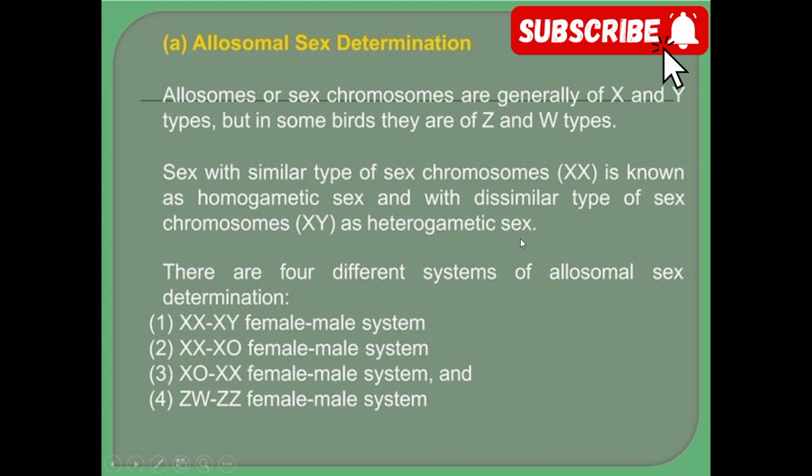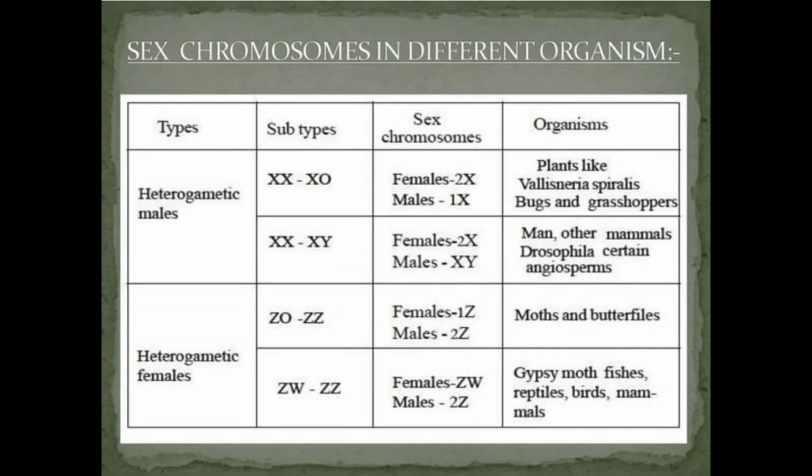There are four different types of allosomal sex determination: XX-XY, XX-XO, ZW-ZZ mechanisms.